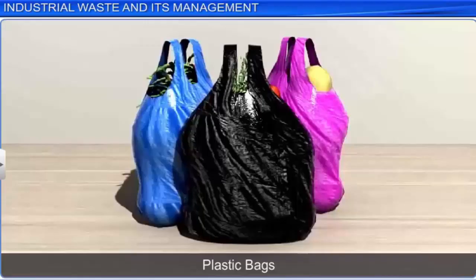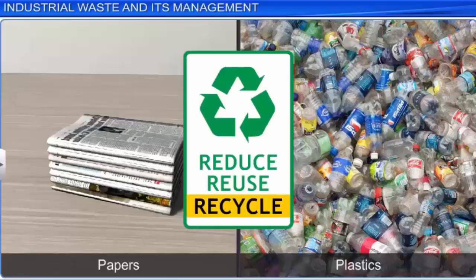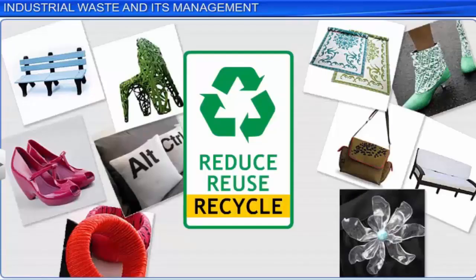This brings us to the third R of waste management, which is recycle. Recycling helps to produce the same or a different kind of material from a used one. For example, certain plastics can be recycled to produce many common household items, like shoes, rugs, bags, etc., and even clothes.